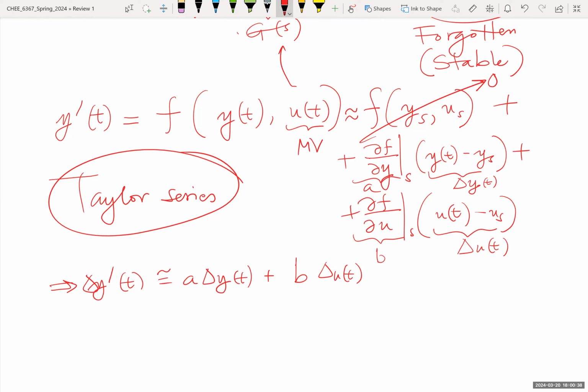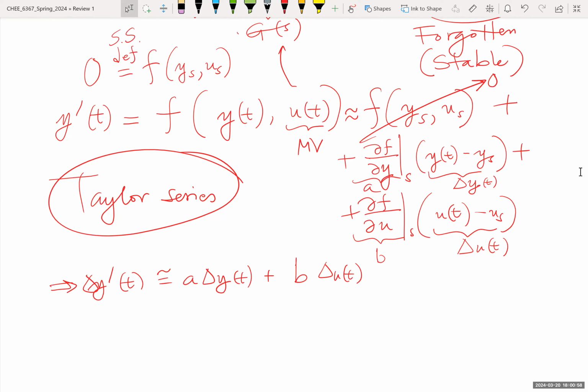If the system has this steady state that I just identified, by the way, steady state means 0 is equal to f of ys, us, right? By definition of a steady state. That's how the steady state is defined.